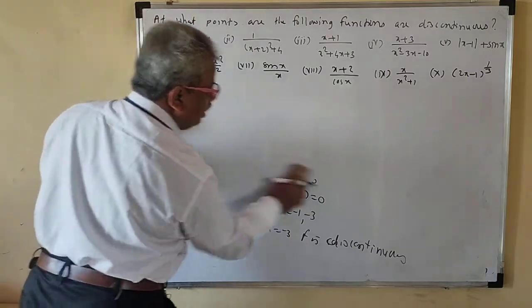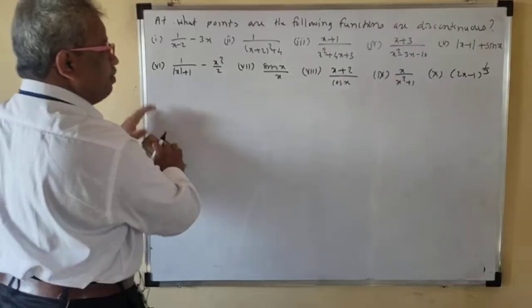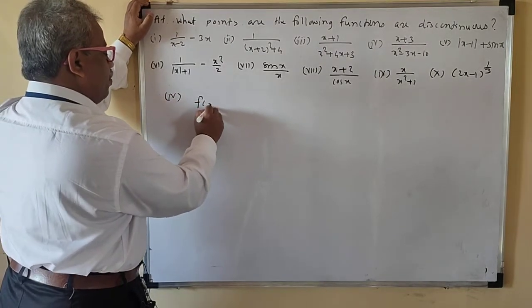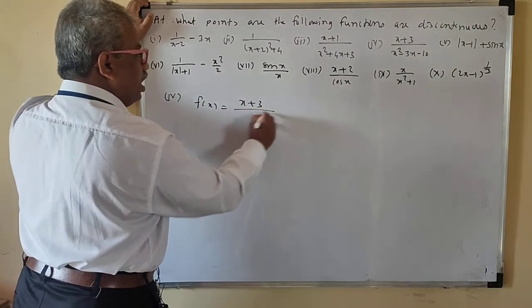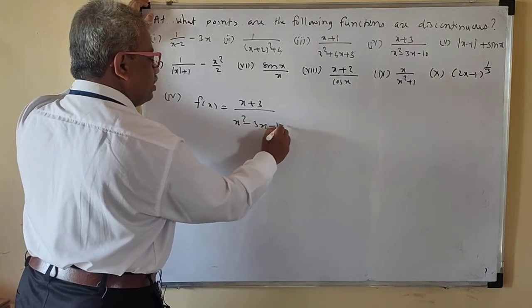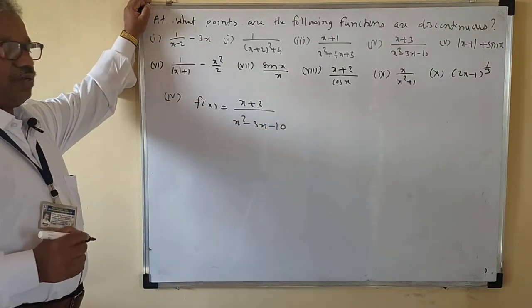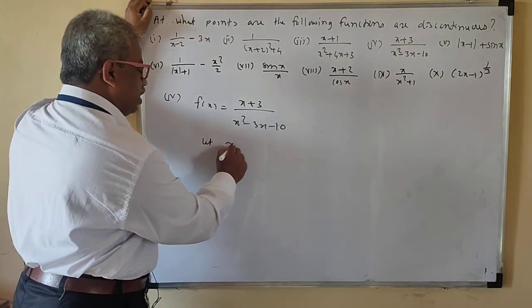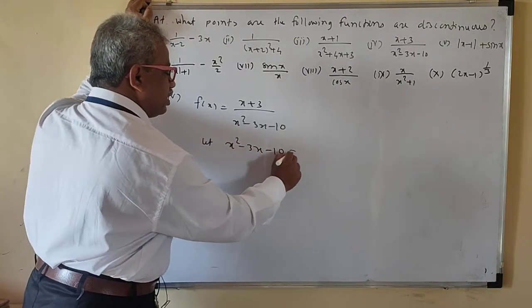Next, this is also the same. Fourth one, f of x is equal to x plus 3 upon x square minus 3x minus 10. Again this is a rational function. So let x square minus 3x minus 10 is equal to 0.